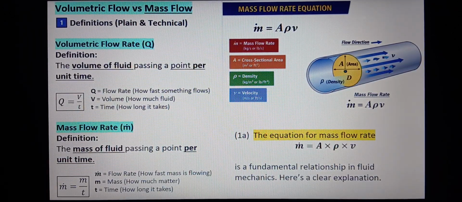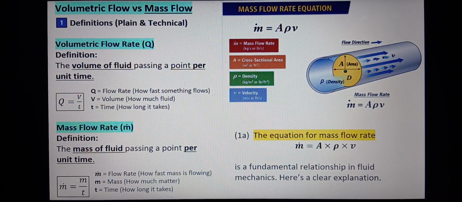So today we're talking about volumetric flow versus mass flow. Definition, plain and technical. Volumetric flow rate Q, the definition: the volume of fluid passing a point per unit time, where Q is the flow rate, how fast something flows, V is the volume, how much fluid, and T is time, how long it takes.